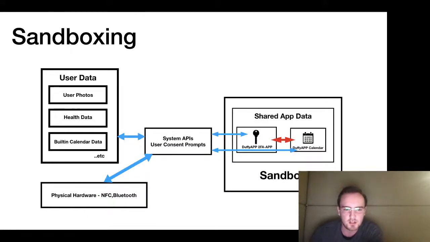So I'm going to talk a tiny little bit about sandboxing. I should have really saved this slide for later, but that's okay. When we have a running system in iOS, I've made this graphic here, and this is how iOS, while the device is booted, can help prevent unauthorized data access. For example, I make this app called Duffy App 2FA app.